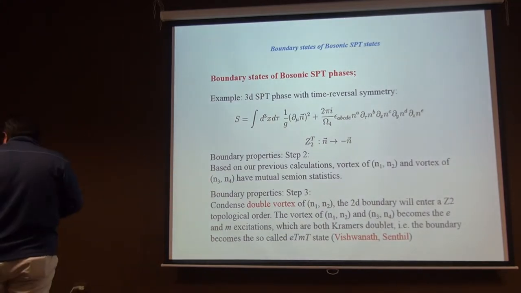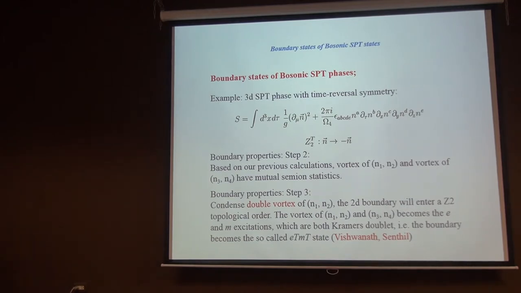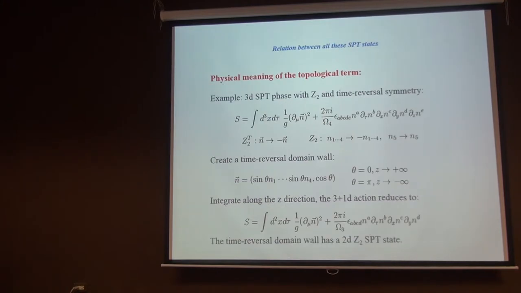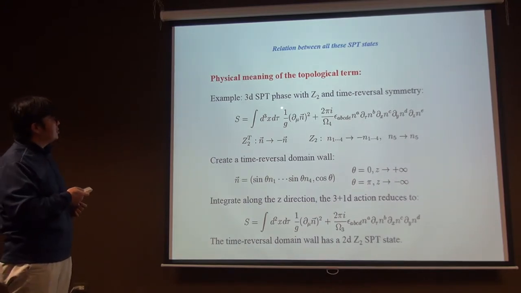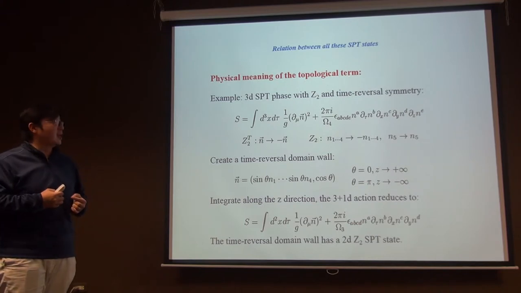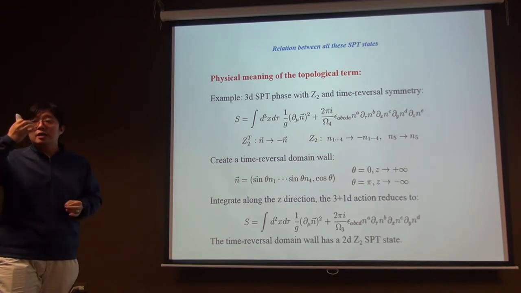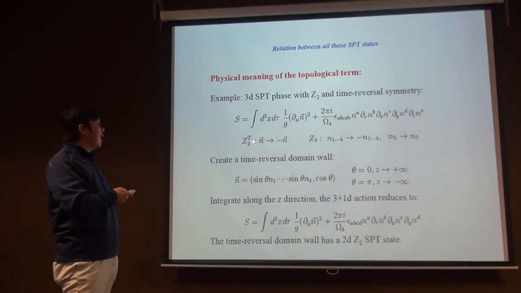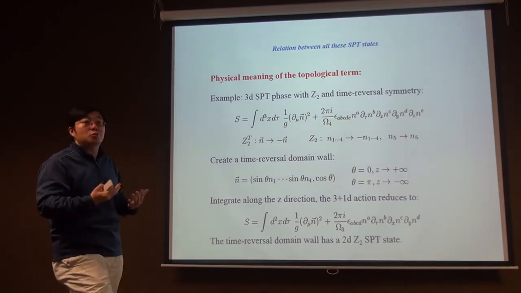Before the lunch break, let me show you one last thing: the relation between different SPT states. Again, this is a three-dimensional SPT state with Z2 and time reversal symmetry. As I said, there are many different ways to assign the Z2 and time reversal to the vector n, but let me choose one.